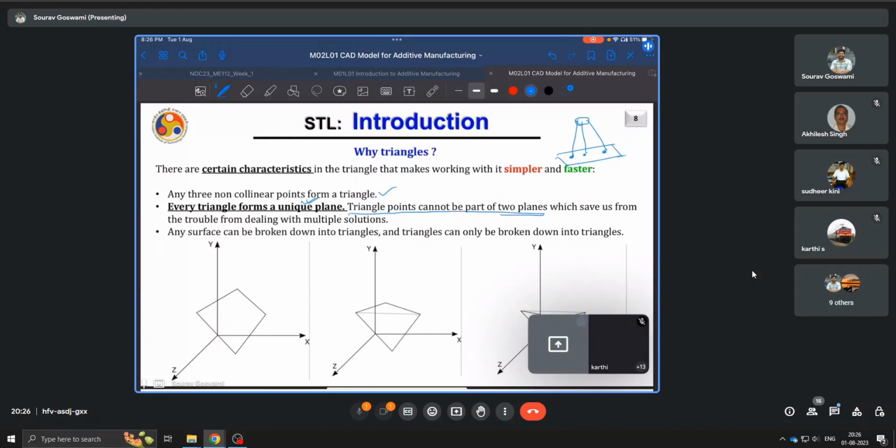Again, any surface can be broken down into triangles, but any surface can also be broken down into rectangles or maybe pentagons. But triangles can only be broken down into triangles. I mean, yeah, if you want to take it to an extreme, maybe you have a large rectangle here, a smaller rectangle, and you try to make the rectangle smaller and smaller and smaller.